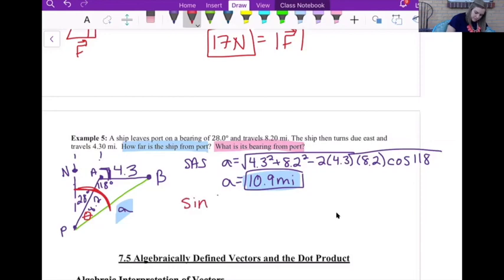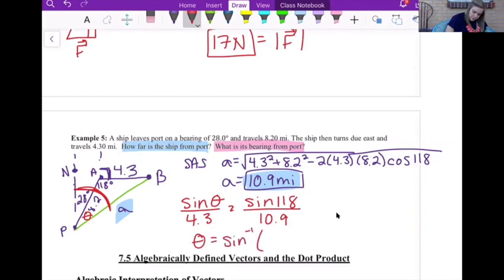So sine of theta over 4.3 equals sine of 118 over 10.9. And so then theta would equal sine inverse of 4.3 sine of 118 over 10.9, which would give us 20.4.